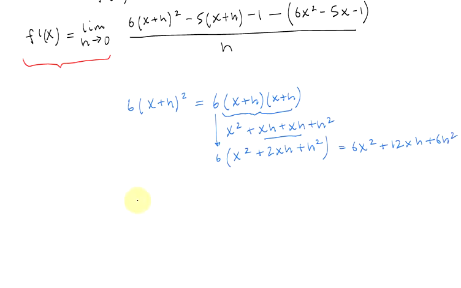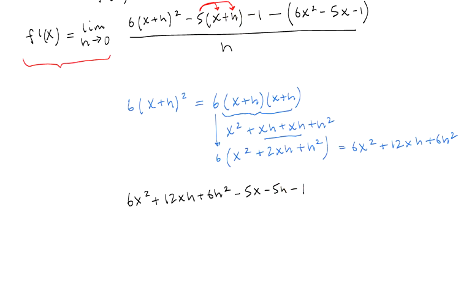So I'm going to rewrite this as 6x squared plus 12xh plus 6h squared. And then from there, we can distribute this negative 5, and that gives us negative 5x minus 5h. And then we have minus 1.